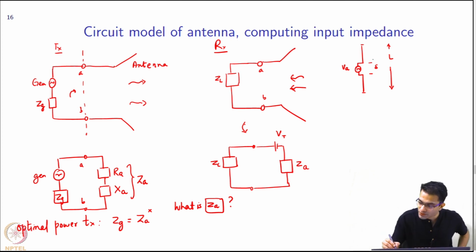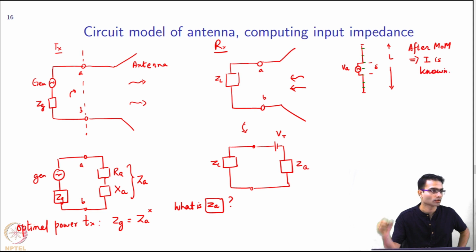I broke this up into segments and applied the method of moments on each of these segments. Okay. So the end result after MOM, what is it that is known? I is known after I solve the integral equations. Okay, very good. What is ZA now?